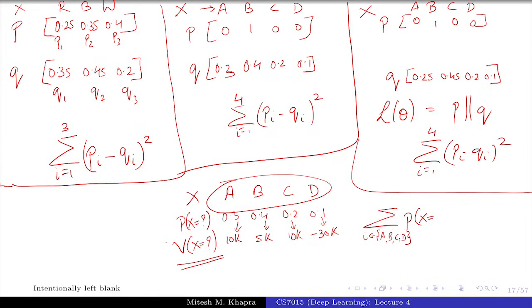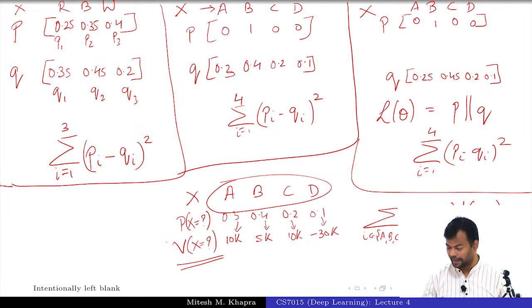This is one of the 4 teams that will win. Probability of that event happening times the value associated with that event happening, okay? Is it a fair computation? You get the intuition that this is how you will compute the net reward that you have, okay? So this is how you compute the expected value with respect to a particular distribution, okay?